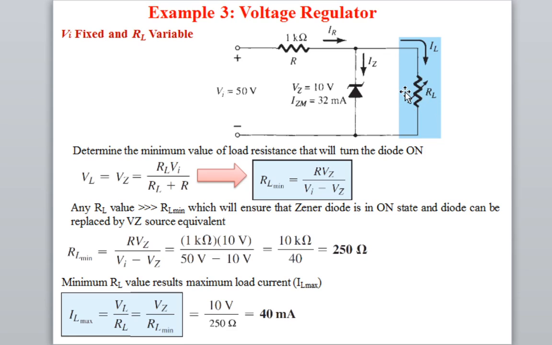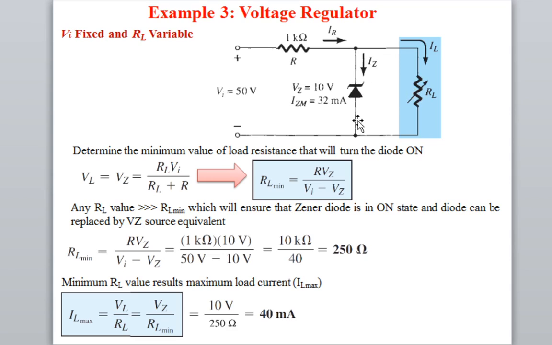There should be some minimum value of load resistance at which this Zener will go in conducting stage, and below that resistance the Zener will be in off state, from the previous problem if you recall. So what is the value of that particular minimum load resistance at which your Zener goes in on state?